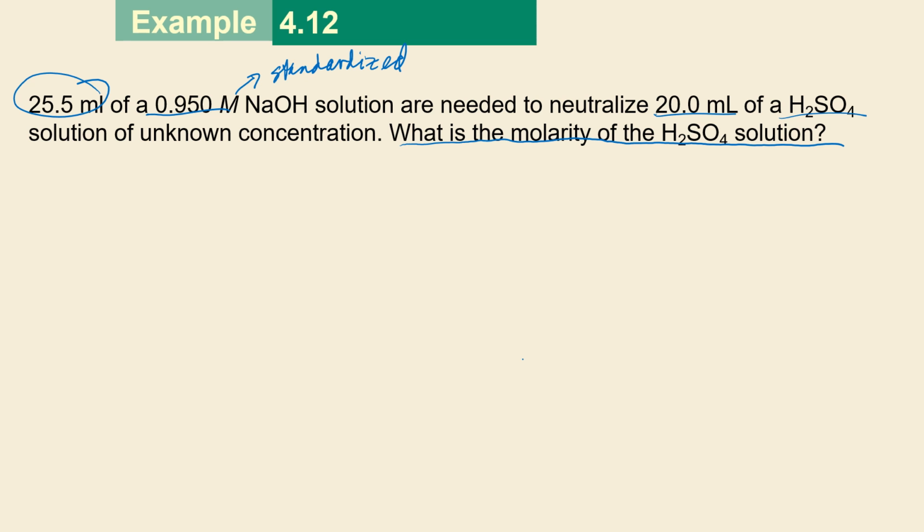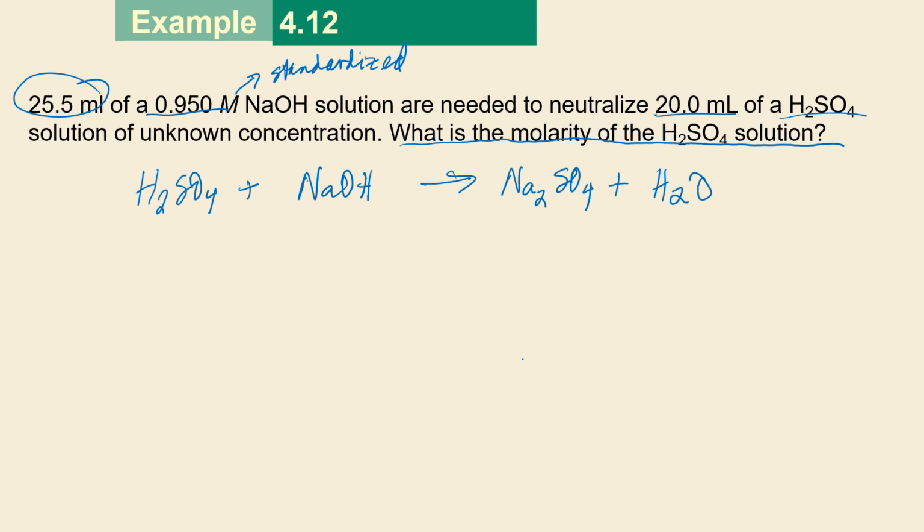Now notice this time we're not given any gram amounts, and we don't actually need them. What we do need, always, is a balanced equation. We looked at this balanced equation earlier, but let's rewrite it. It is going to yield Na2SO4. SO4, the sulfate ion, has a charge of 2-, plus H2O.